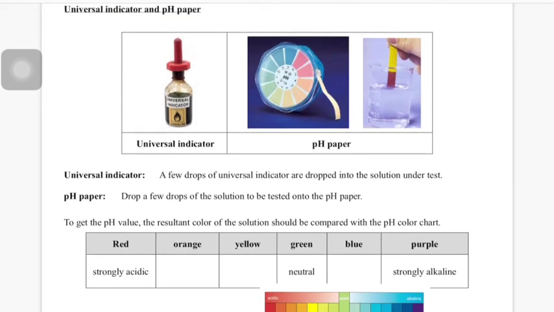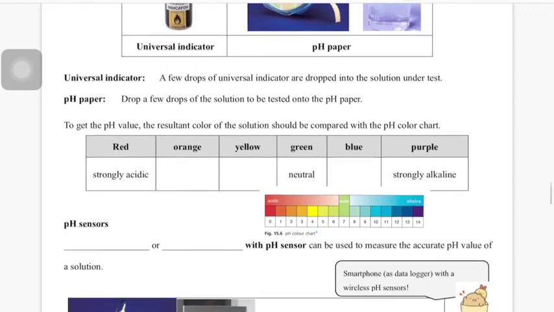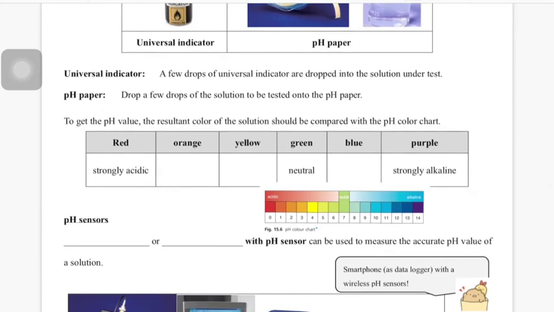If you want to use the solid version, it will be the pH paper that you have tried before, or you can use it in a liquid form, then it will be the universal indicator. To get the pH value, the color we get from the solution will be compared with the pH color chart, which I have attached here to show you the color.